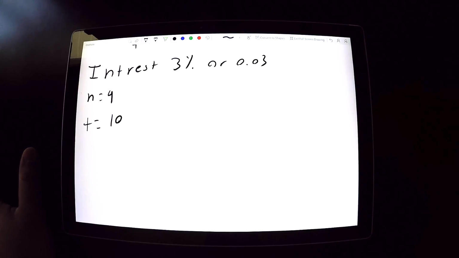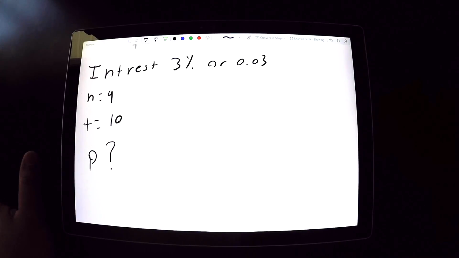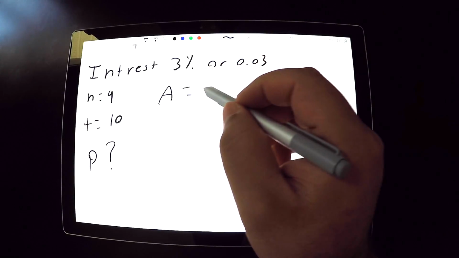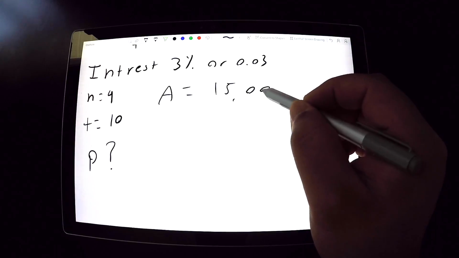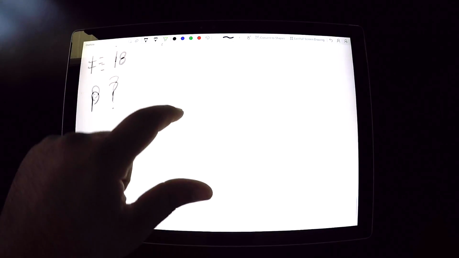So now we're trying to find the principal. So P, we're trying to find P when A is equal to $15,000. Now, what we do is we plug it into the formula.